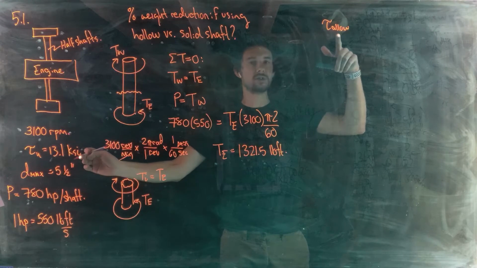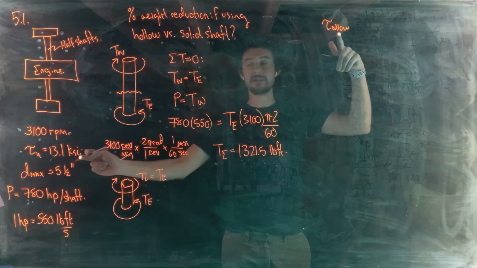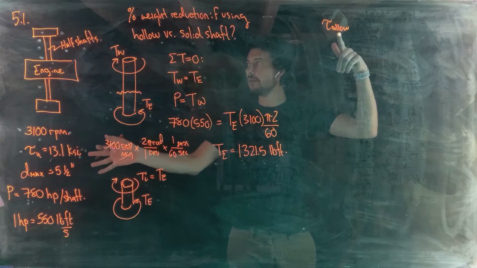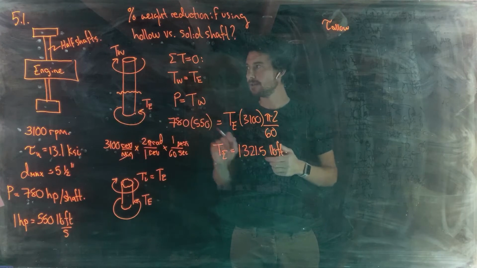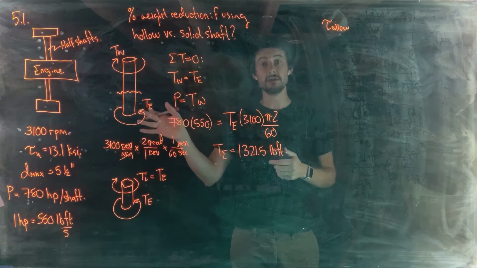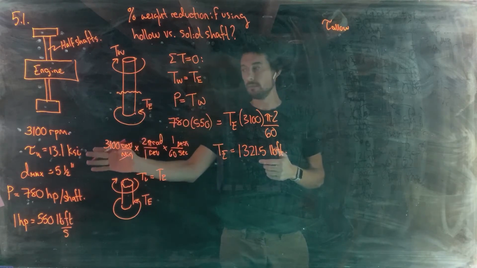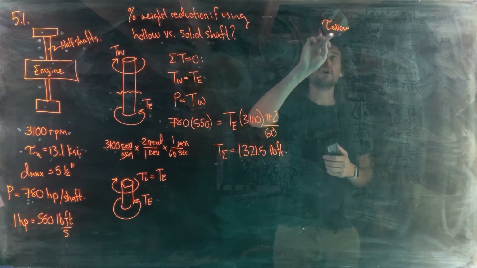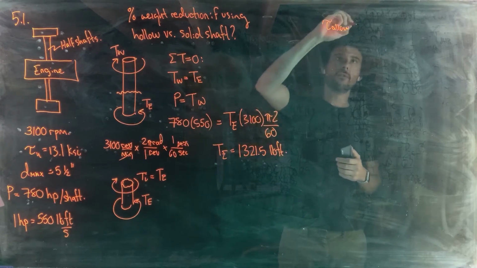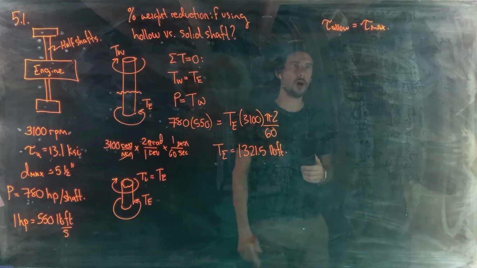Normally allowable shear stress is the ultimate shear stress, or yield stress, divided by the safety factor, but we're not told that there's a safety factor in this problem, so we're assuming it's 1. That makes sense if it's something like a Formula 1 car and you really want to maximize performance. You don't want any margin of extra safety that would add extra weight. So our allowable shear stress, we're going to set equal to the maximum shear stress in the object.